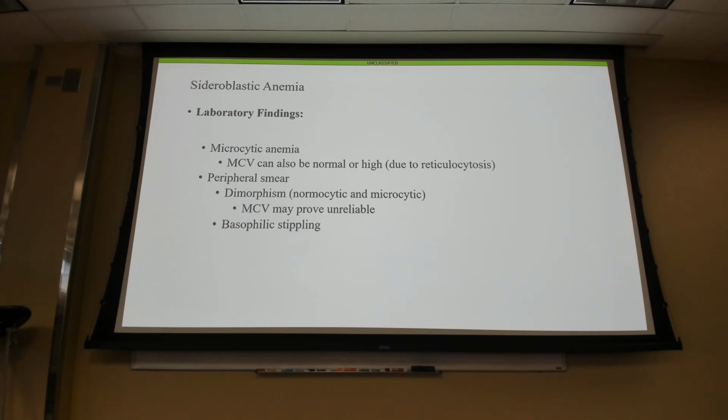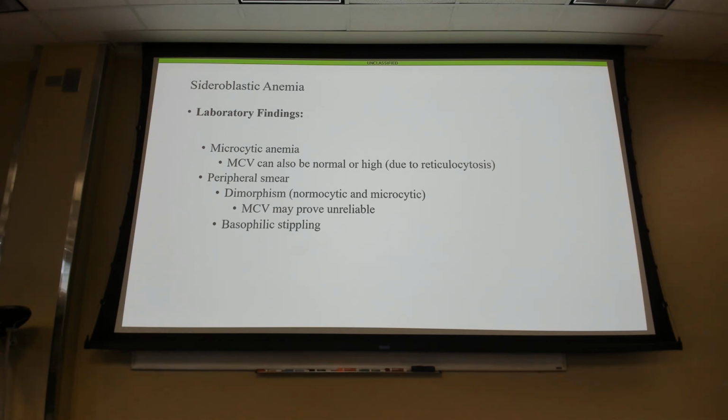Lab findings. We're talking about microcytic anemias here. MCV could also be normal, could also be high. Retics are causing some problems there. What's the retic? Immature. RBCs get smaller as they mature, so a machine is going to read that as a normal red cell size, potentially.